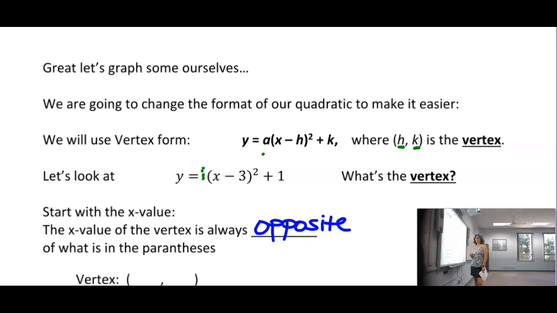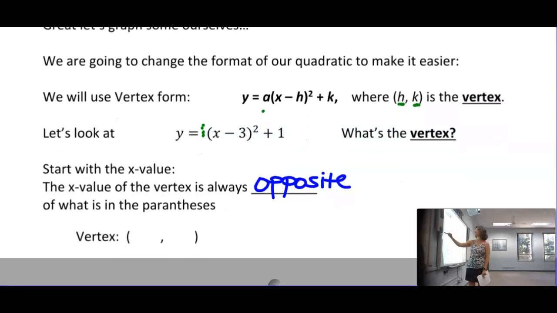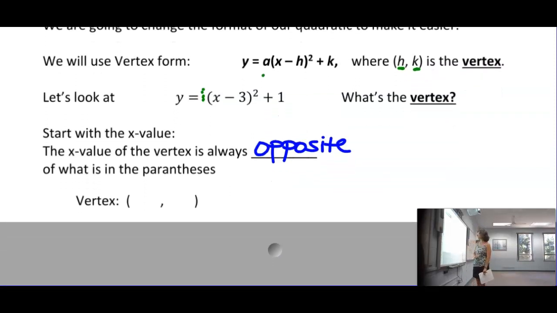H is simply the number that is in there, but when we write it for our vertex, it's always the opposite. So my x value, oops, I circled the wrong one. My x value is always opposite of what's inside the parentheses that's being squared.